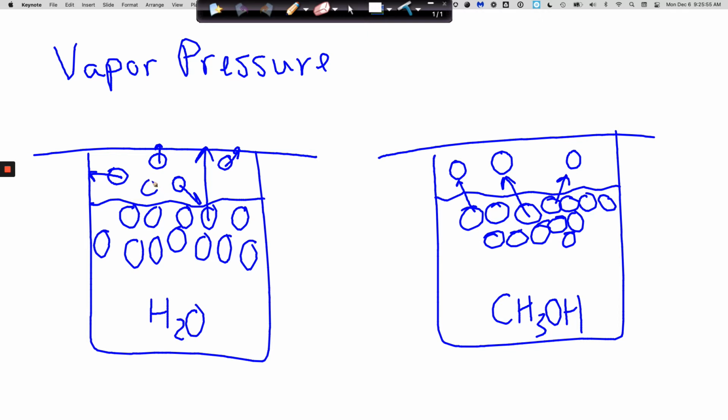And we'll put a couple more over here, maybe. So, guys, methanol, which is CH3OH, which is an alcohol, that also evaporates. That creates a vapor. But, guys, the question then becomes this. How are the vapor pressures different? Which one will have a higher vapor pressure? The methanol on the right or the water on the left?